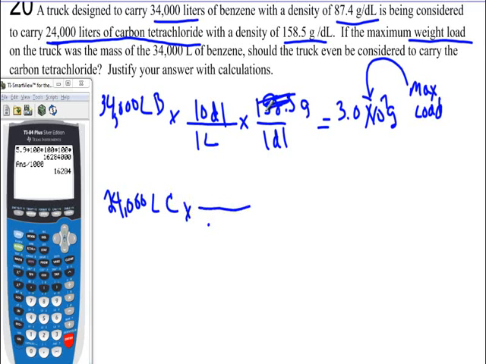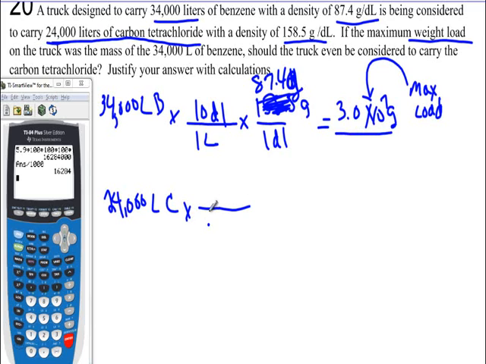Alright, this density, you're probably wondering how the heck I got that answer. I have 87.4 deciliters, grams per deciliter, right? Not the 158. And that gives us the answer.